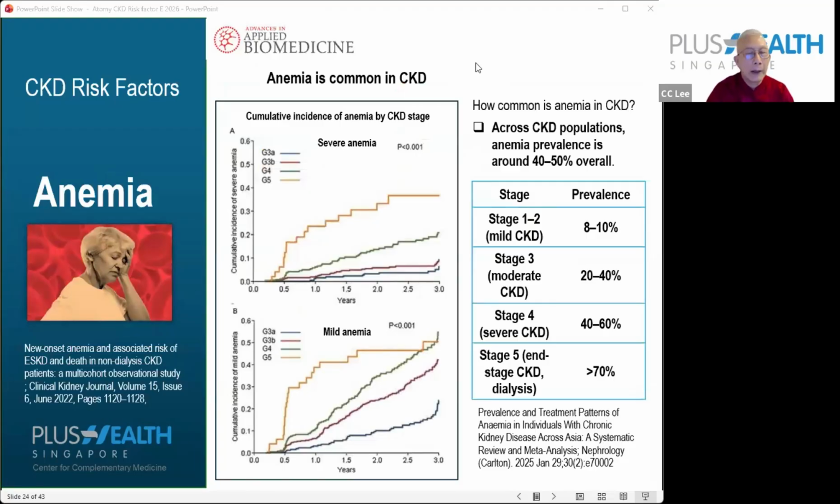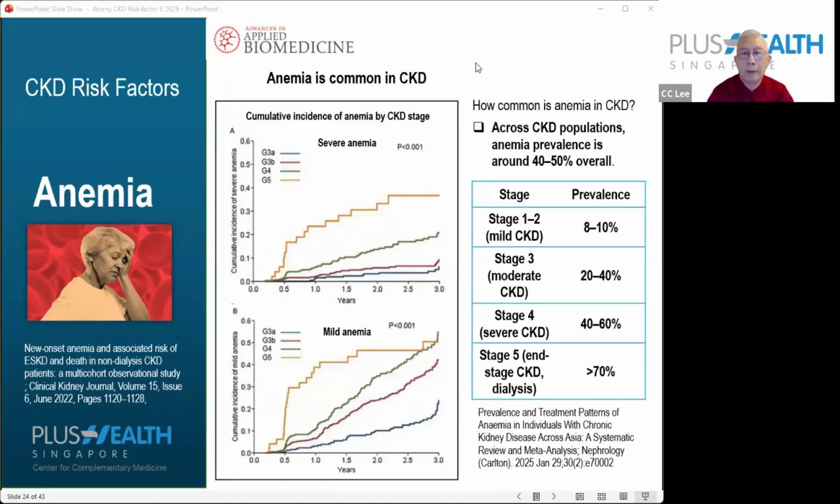Okay, another major risk factor for CKD actually is anemia. Anemia is both a cause and a complication for CKD patients. I will also talk about anemia in my second part because in the second part, anemia affects a lot of our dietary requirements.